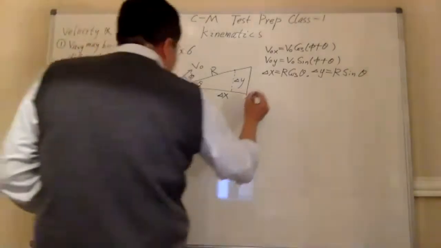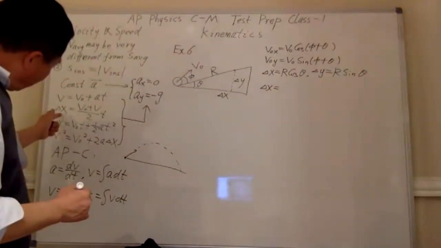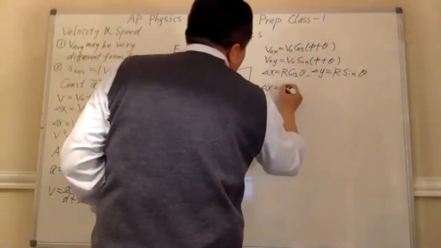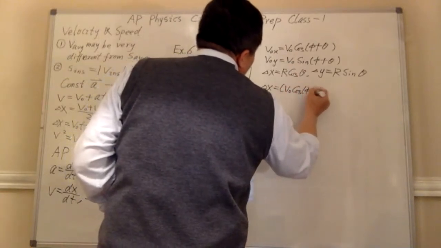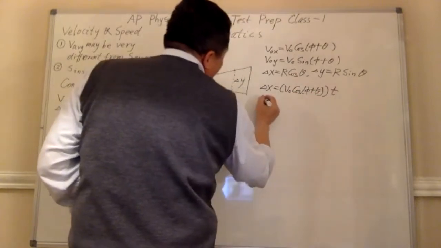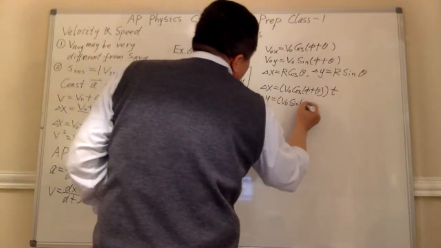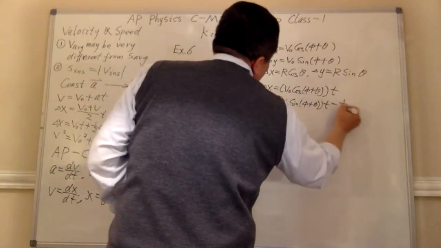We got delta x equals V naught cosine (phi plus theta) times t. And delta y equals V naught sine (phi plus theta) t minus a half g t square.